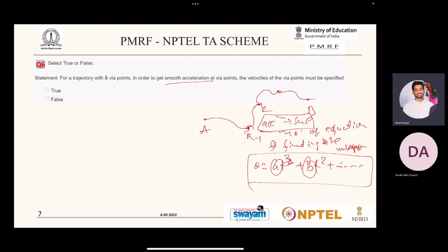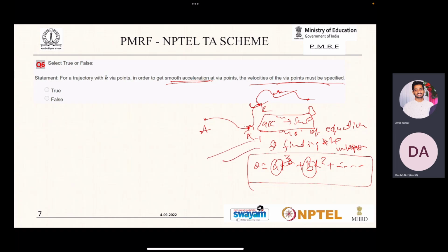Then only you can say that there is a smooth acceleration. Similarly for this via point and this via point. So all you need is the same, continuous acceleration at each via point, so that we have a smooth acceleration. This is the condition, rather than the velocity of the via point being specified. So this is what we need.